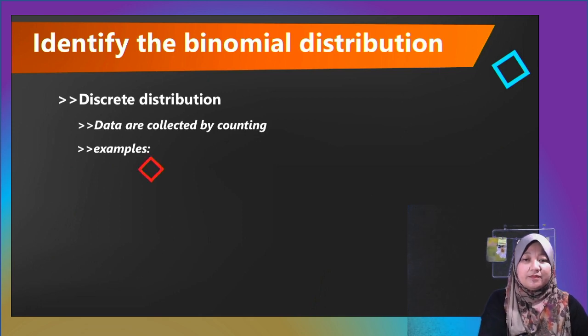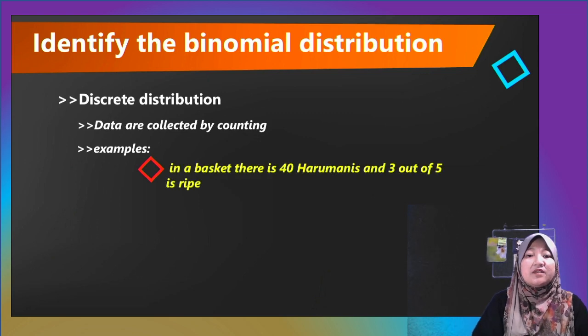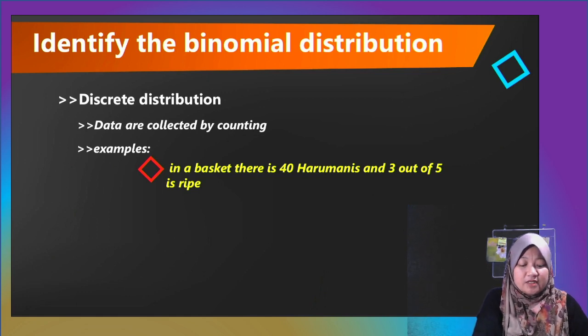First example, in a basket there are 40 harum manis and 3 out of 5 are ripe. Harum manis, this is a mango, in the category of discrete distribution. So this one is discrete.